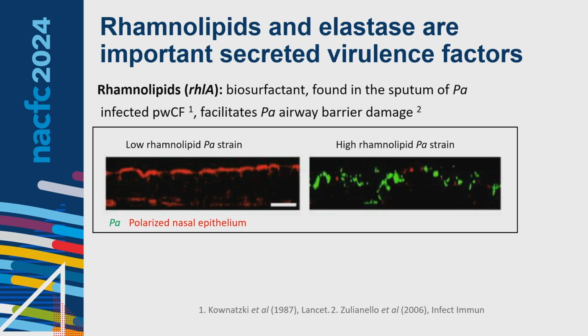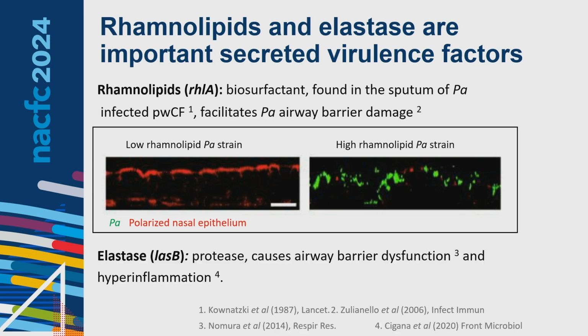There are studies which show that strains that produce high amounts of rhamnolipid cause increased nasal epithelial damage compared to strains that produce low levels of rhamnolipid. And LASB is a gene involved in elastase biosynthesis, and like rhamnolipids it can cause airway barrier dysfunction and hyperinflammation.